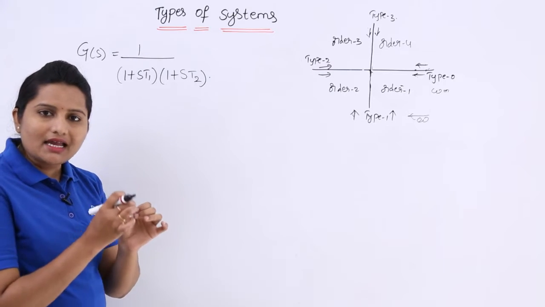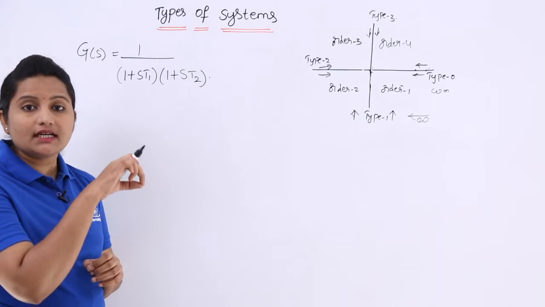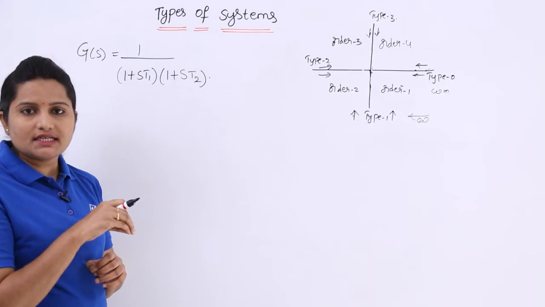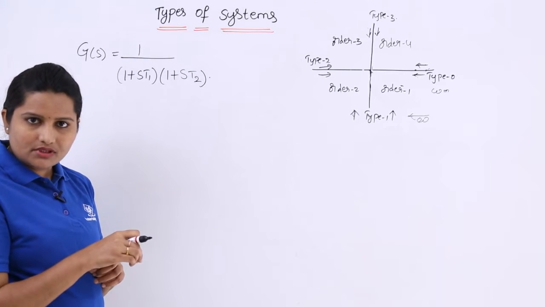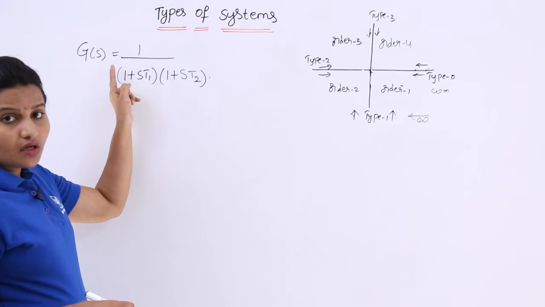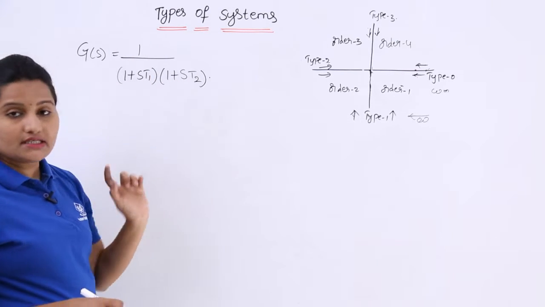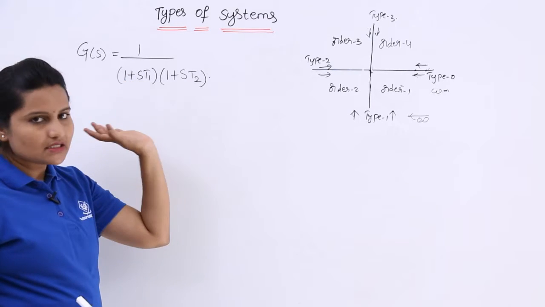Why? Because the type number of the system is decided by the number of poles at origin, meaning the single s terms in the denominator. For example, if you have s into 1 plus st1, 1 plus st2, then that is a type 1 system, but I am not having any s term here.